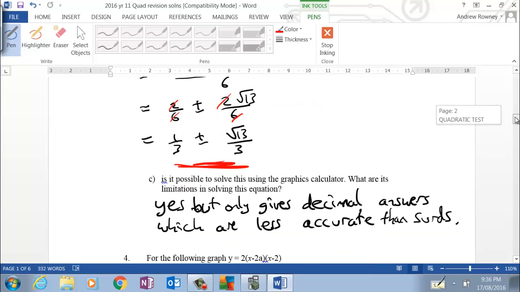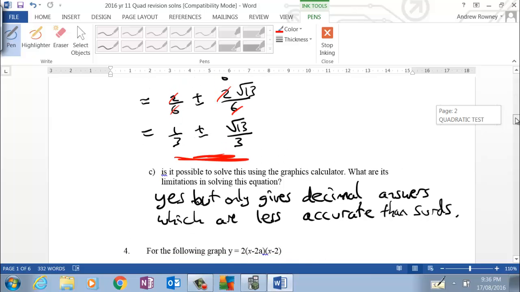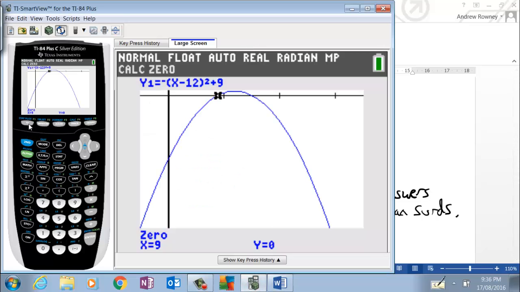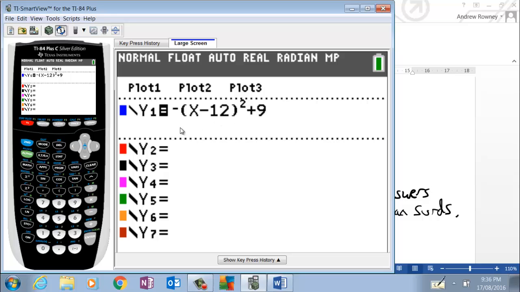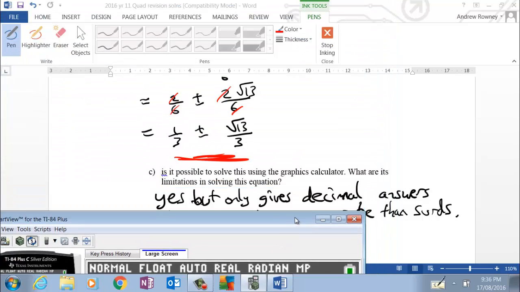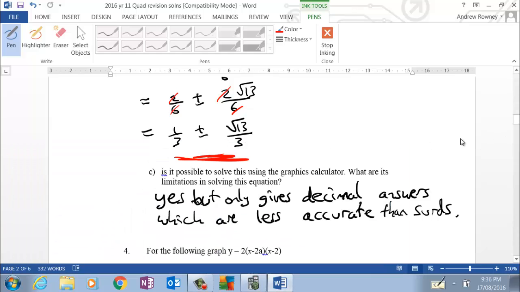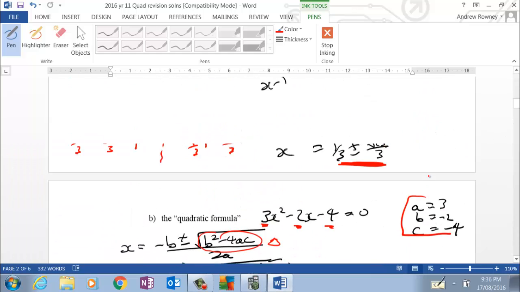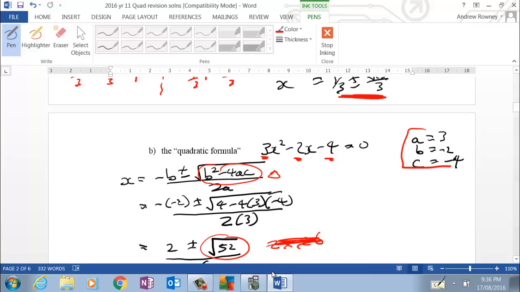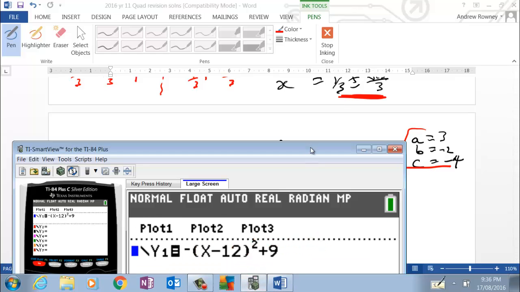Is it possible to solve this using a graphics calculator? Yes, but we're not going to get these surd values. We're going to get decimal answers, which aren't as accurate. We can do that like this here. You'd put it into y equals, you put in your function. Now in this case, the function is 3x squared take 2x take 4.